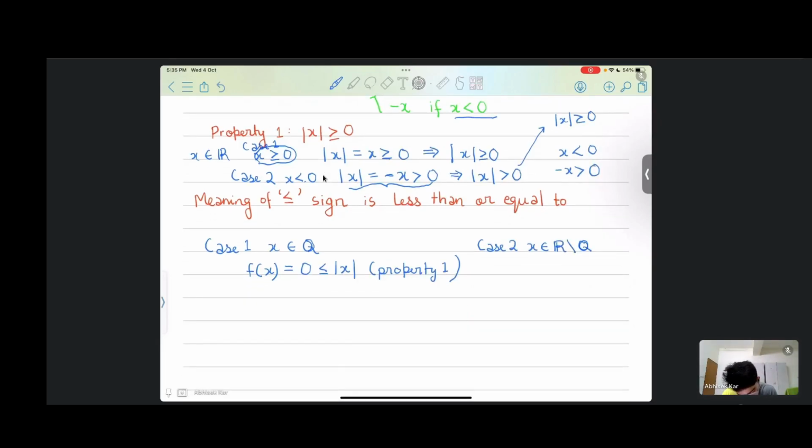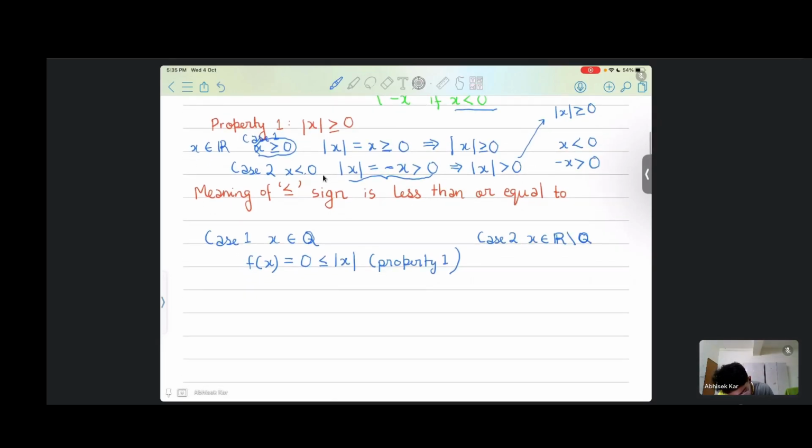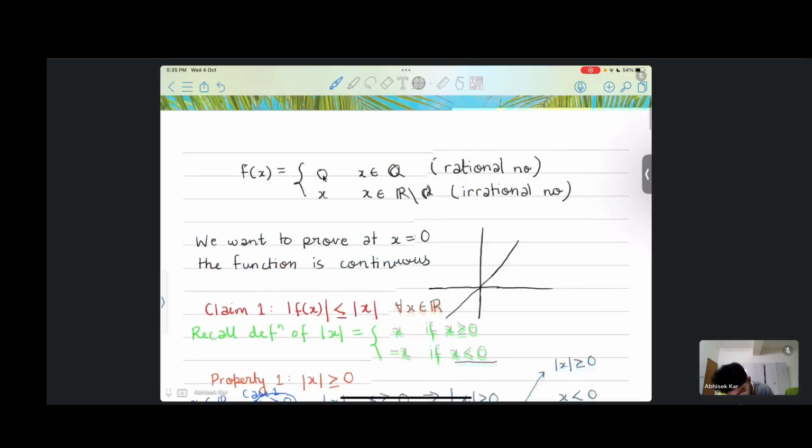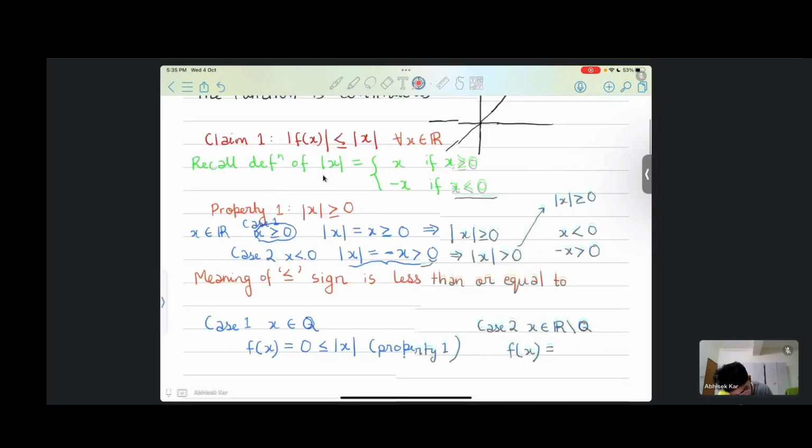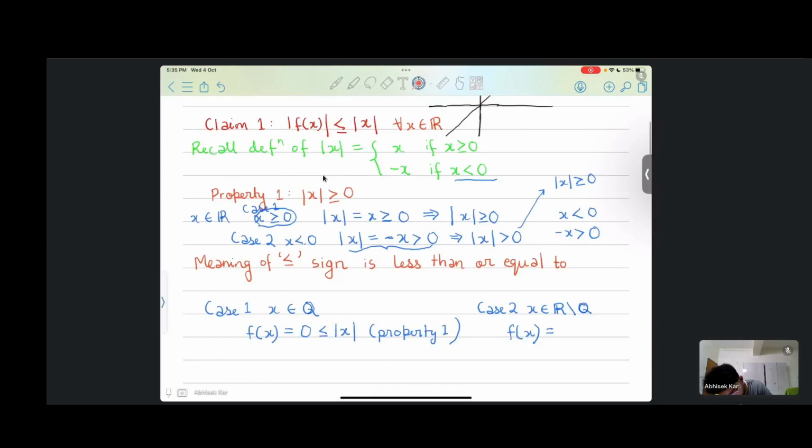Now case 2. In case 2, f(x) is equal to what? See here, if x is an irrational number, f(x) is equal to x. So mod of f(x) is equal to mod x.